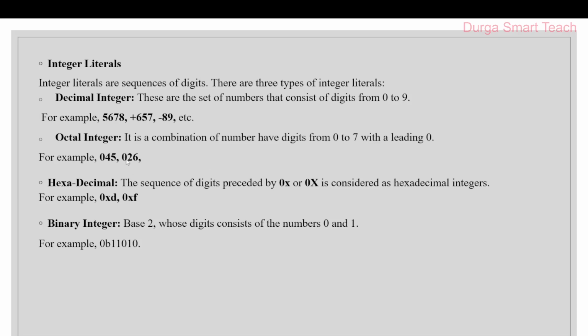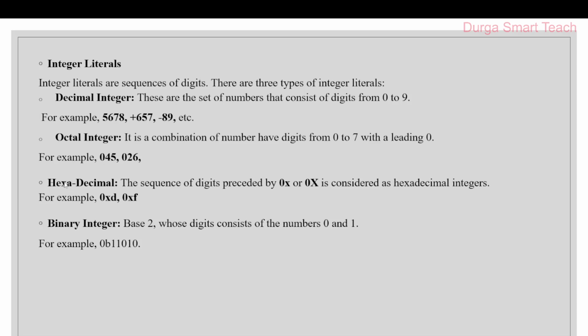Next 06, we can say it is an octal number. Why? Because the digits are under 0 to 7 and it starts with 0. That's why by seeing it we can easily say that this is an octal number.